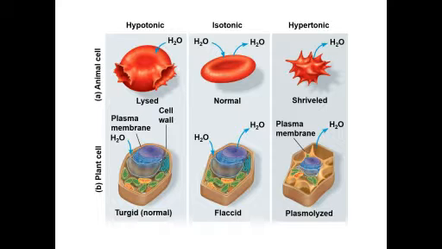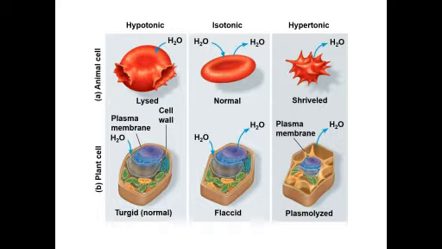And maintains a proper shape. Water is entering and leaving the cell, but there's no net movement. So the fluid that surrounds our cells, the extracellular fluid, the fluid that's in our vasculature, is isotonic to our cells.